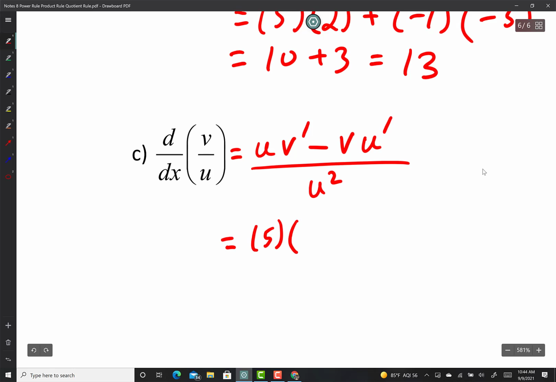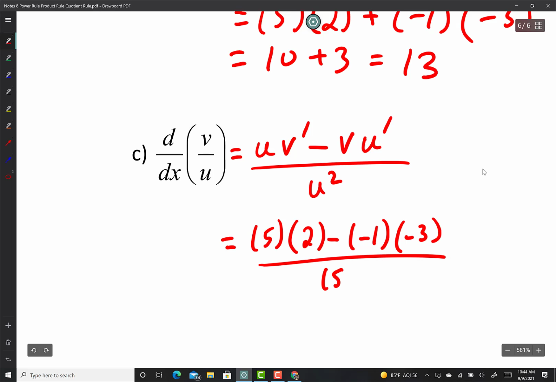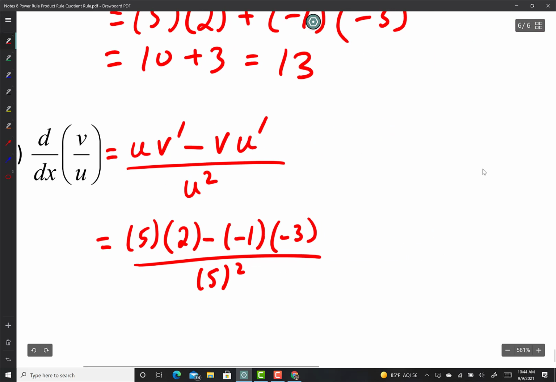What was V prime? What was V? Negative 1. What was U prime? And U again was 5, right? Okay, so what do we get here? We get 10 minus 3 over 25. So 7 over 25.